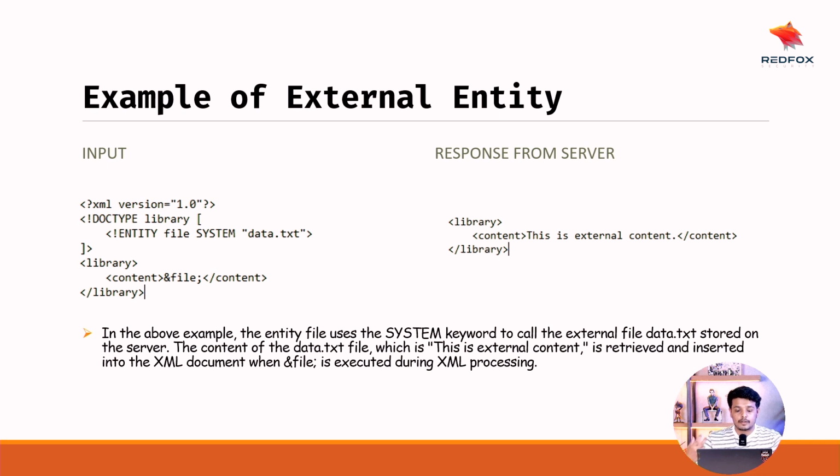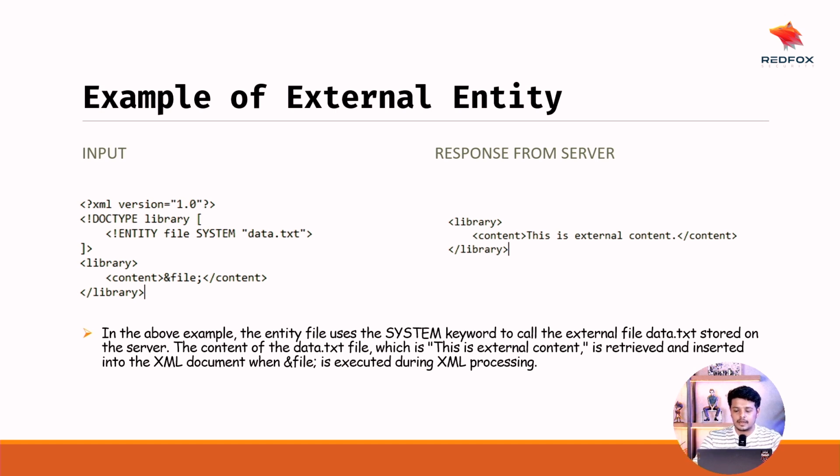So consider the content of the data.txt file, which is the external content. For example, if data.txt contains a text message such as 'this is an external content', once you retrieve that file, the server will show exactly the data you are trying to capture.